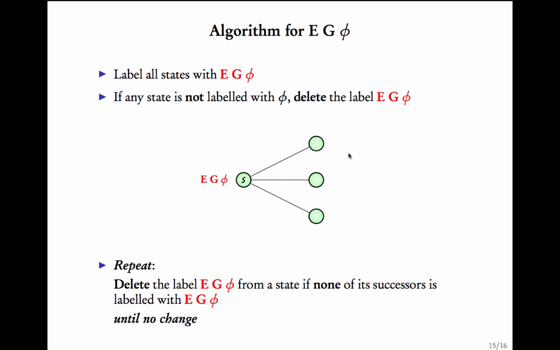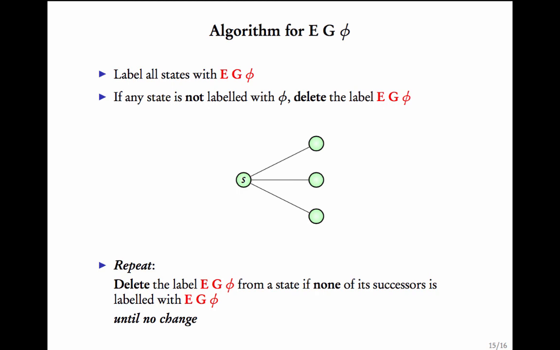Then, by doing this process, if you end up with this picture, that is, there exists a state from which none of its successors is labeled with EG5, then we need to remove the label from this state as well.